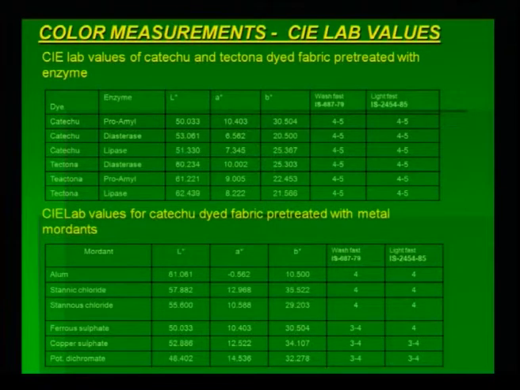The fastness properties actually varied between 4 and 5 in the case of washing fastness and light fastness, and I told you that for a dye to be categorized as a good dye, the better the wash fastness, the better the light fastness, the better categorization it gets.